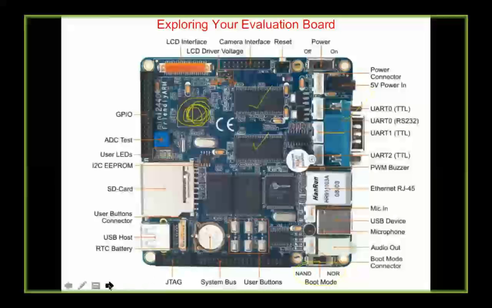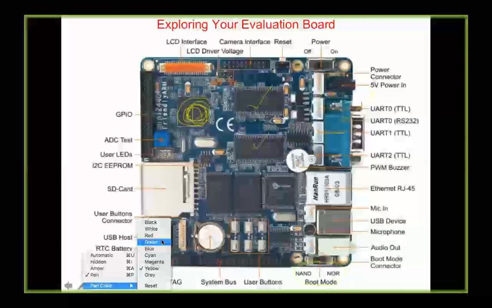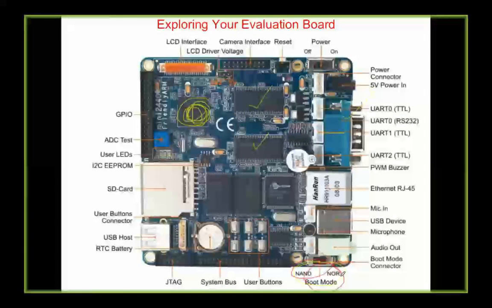I'm just trying to show you this. Then you have user push buttons to do some kind of programming, home, next, and so on. There is a USB host side. ADC test, for which you can give an analog variation. All the GPIO lines are given to you. A display is connected here.